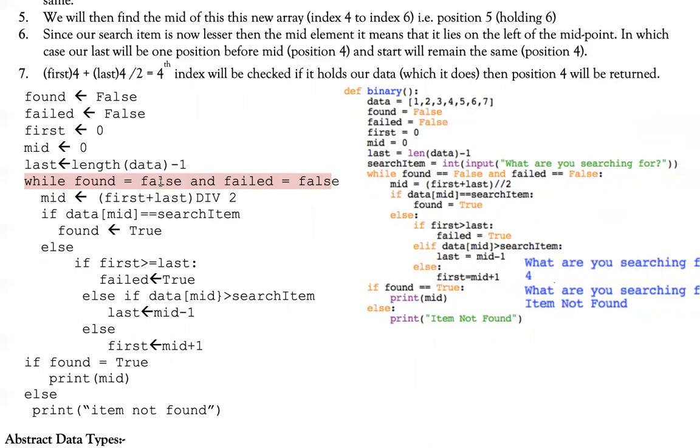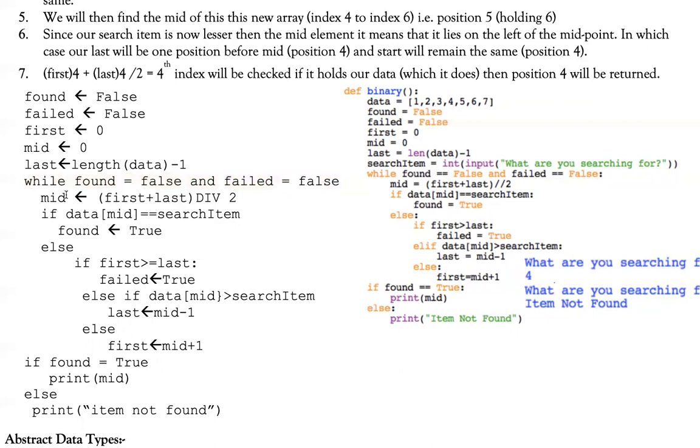If either one of these conditions changes, this complete condition will become false, and I will exit this loop. So as long as this condition is true, it means that I have not found it and I have not yet failed.